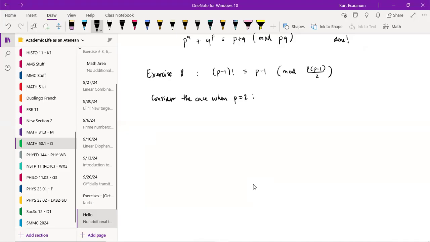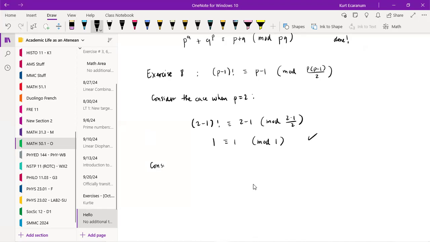So, 2 minus 1 factorial is congruent to 2 minus 1 modulo 2 times 1 over 2. And this is exactly 1 congruent to 1 mod 1. Check.